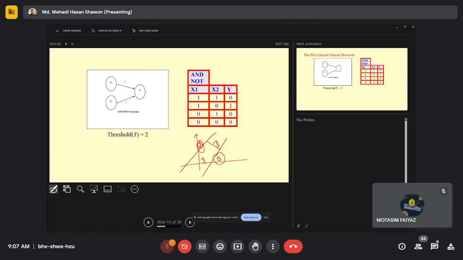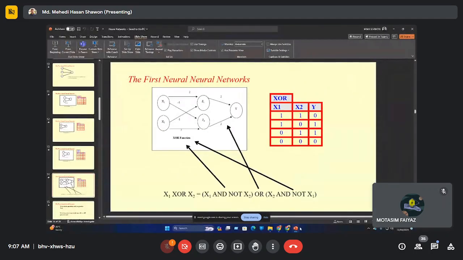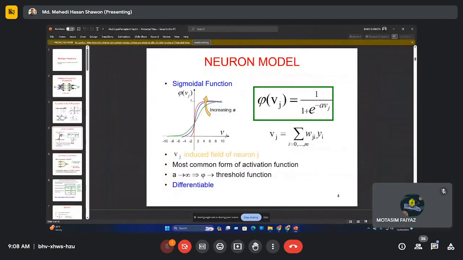To solve it, we need two straight lines, right? After that, in between the values will be positive, outside of these lines will be negative. So that's why we needed two straight lines to solve the XOR gate. Did everyone understand? Thank you, sir.